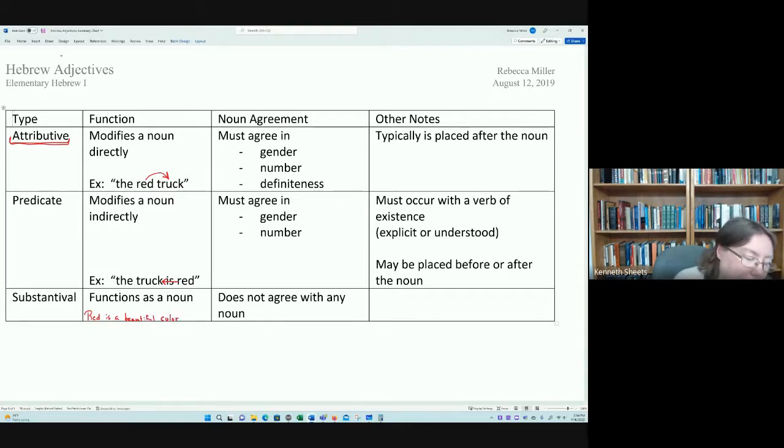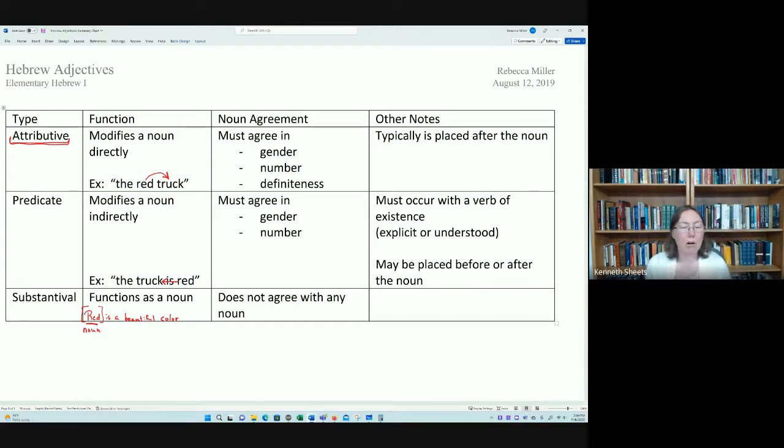Here in this instance, the same adjective that we had up above in the red truck and the truck is red, we still have the adjective red here. But notice red is not modifying anything. It's not modifying a noun. Rather, red is serving as the subject here, and thus it is itself the noun.